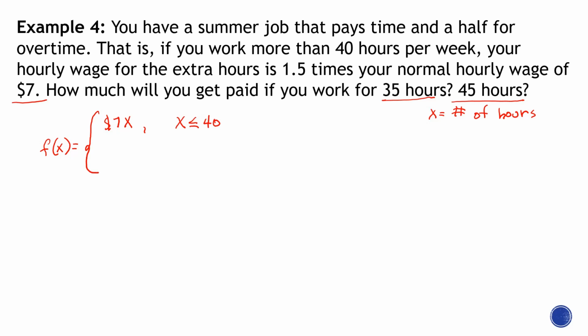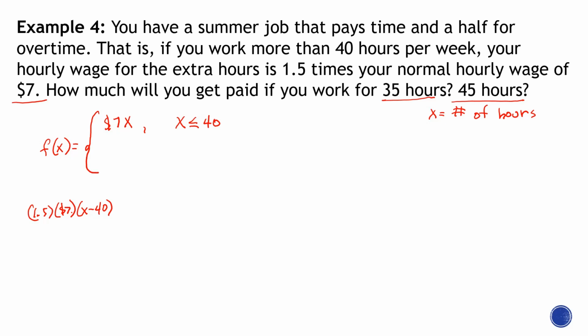Next, the second formula. If you work more than that, which means X minus 40. More than 40 is X minus 40, right? Now your X there should be more than 40. So it should be 1.5 times your normal hourly wage, which is $7.